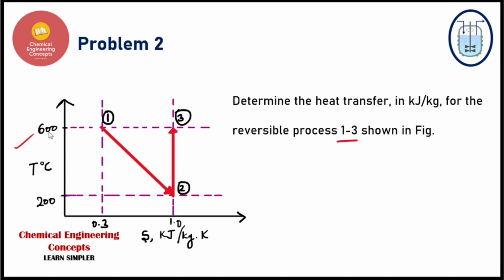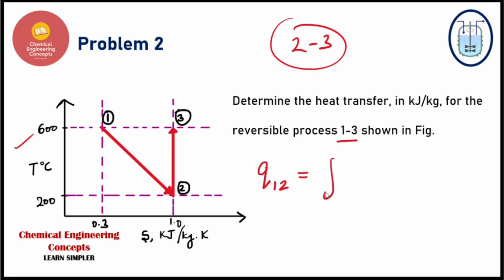So what we will be doing here, you can see that since the entropy change from 2 to 3 is 0, there is no entropy change, the entropy is constant from 2 to 3. So the heat transfer, if I talk about 1 to 3, only 1 to 2 heat will be contributing here. So you can find out 1 to 2 energy, heat transfer, right?